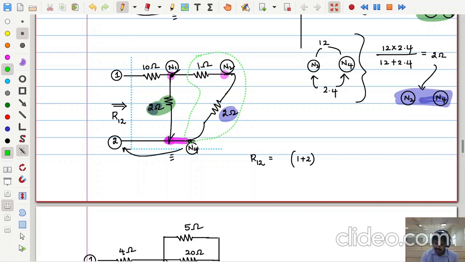Yes or no? You should learn this by this time. That is in parallel with how much? 2. Now this entire thing is in series with 10. Like this you should be in a position to write up the whole calculation.